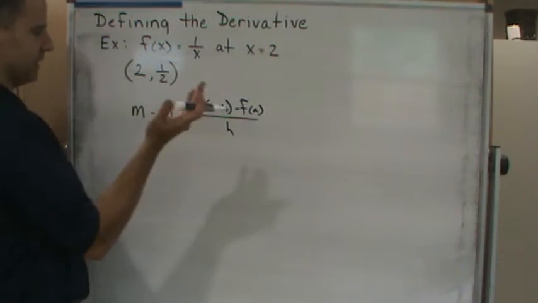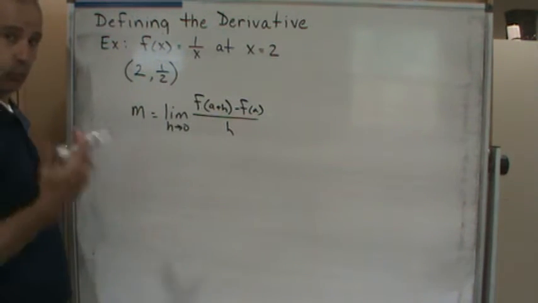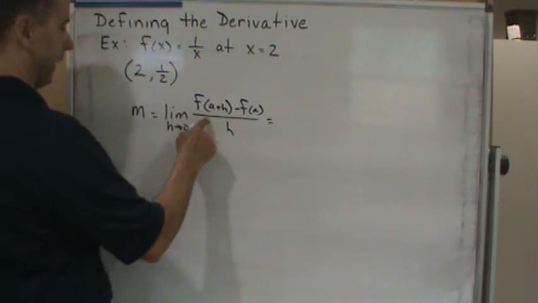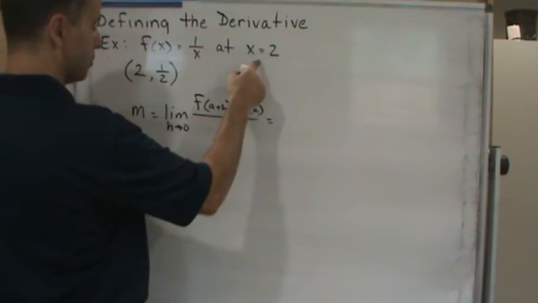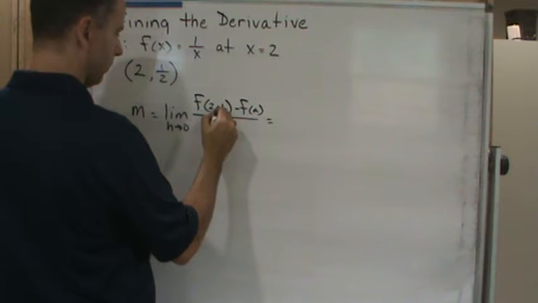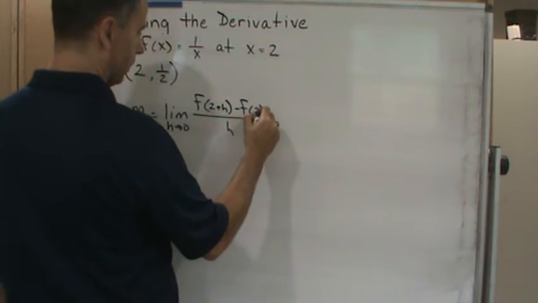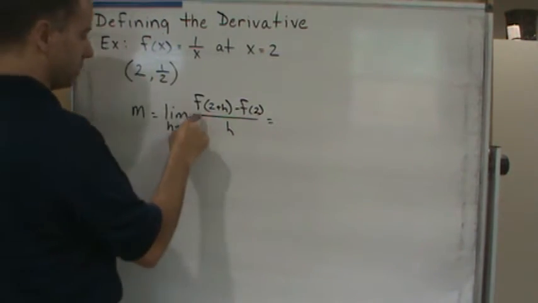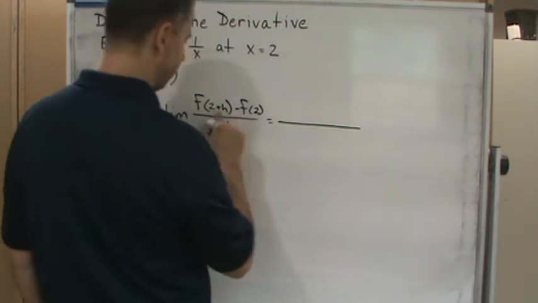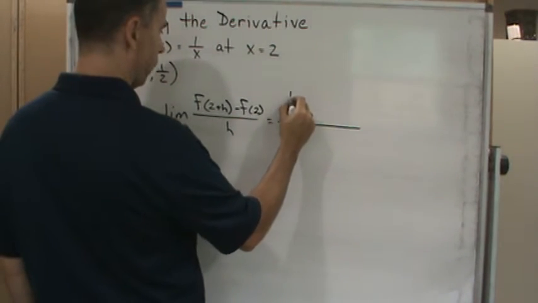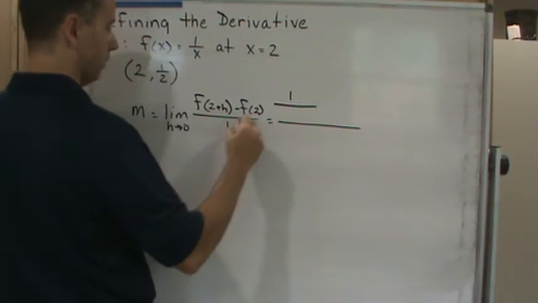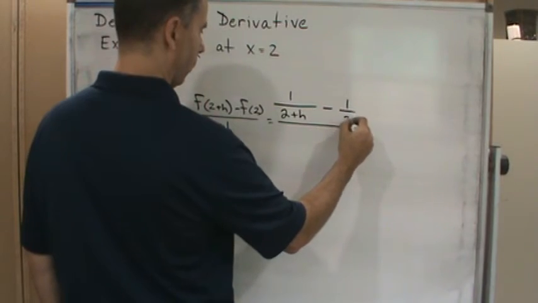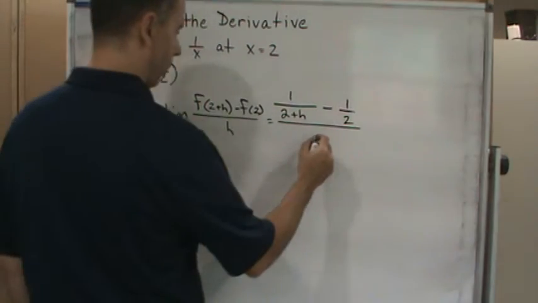Now I'm going to substitute and simplify this, and once I have it simplified, take the limit. So now it's going to be f of a plus h. Well, a is 2, so I'm just going to put 2 in here, and 2 in here. 1 over x is the function, so this is f of 2 plus h, which is 1 over 2 plus h, minus 1 over 2, over h.